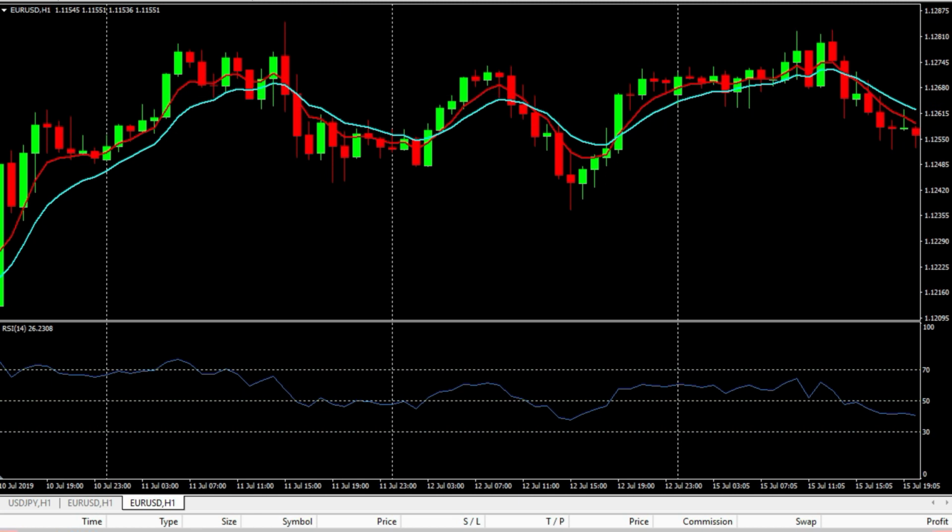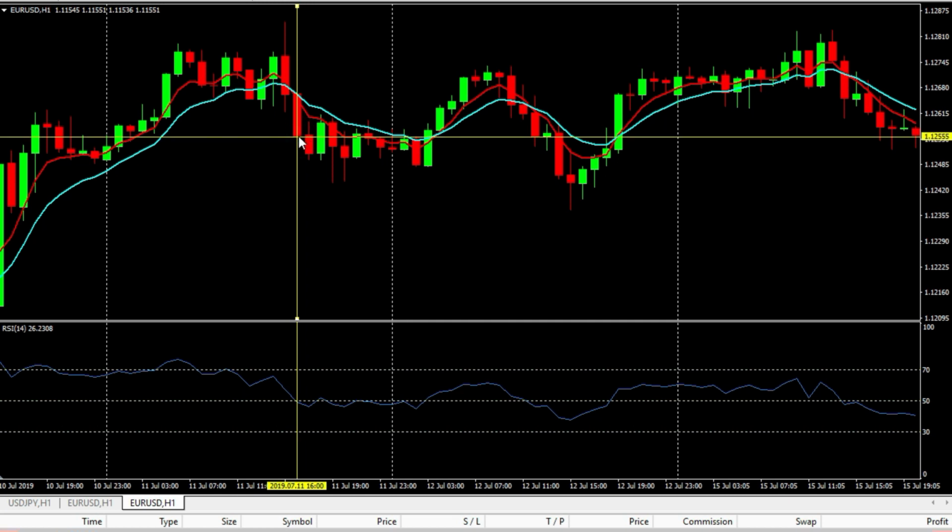First let me put a yellow line to show you. This is where the moving averages went down on this candle, and the RSI went below the 50 level. So we place a sell order at the open of the next candle, which is this red candle.